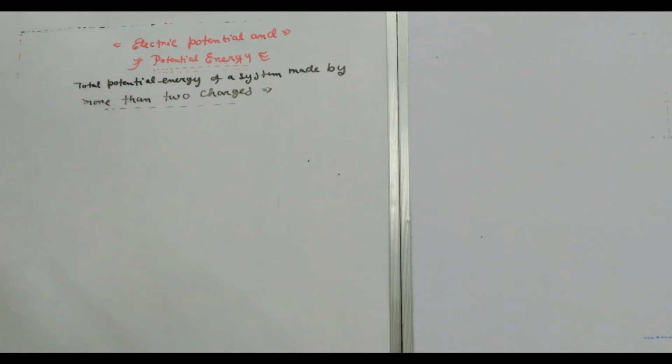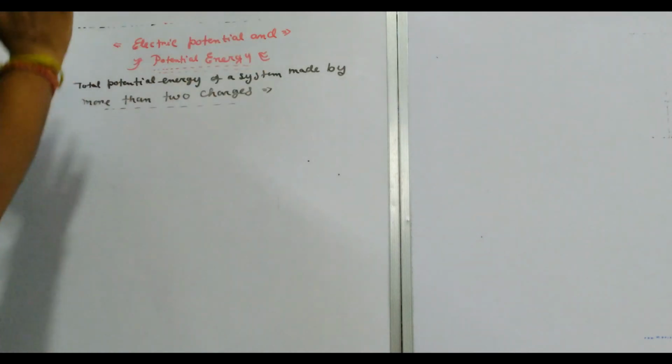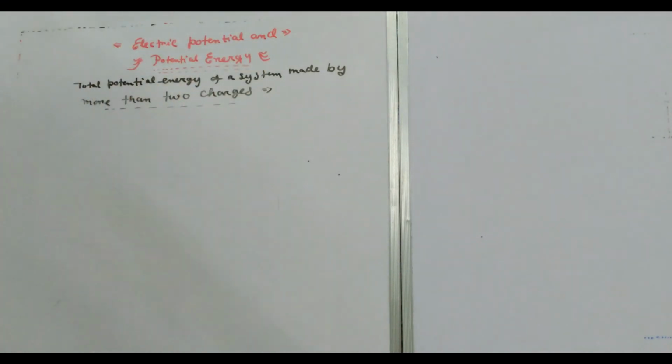Now we are trying to establish the equation for the total potential energy of a system made by more than two charges. Imagine three charges are placed, and we are trying to establish the total potential energy of that system. For this, we are thinking the system is completely isolated.